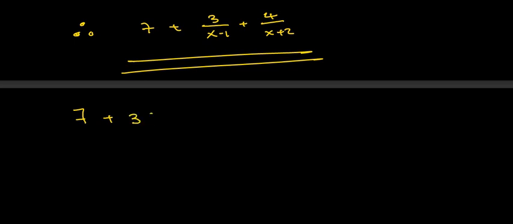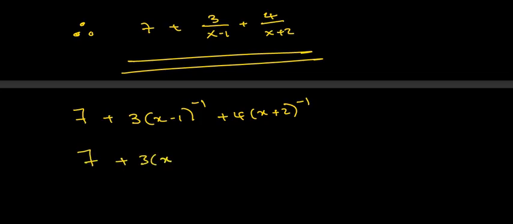This was supposed to be rewritten as something that looks like this. The negative 1, 4, and x plus 2 with a negative 1. We can change this to be 3x minus 1, or change this guy here. Switch them up. That's going to be negative 1, then plus x.